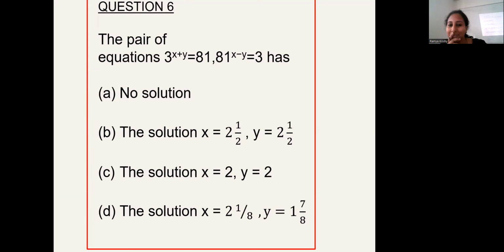Only thing is the options are changed a little bit here. The past sample paper question was asking about the number of solutions. For these two sets of equations, how many solutions? Those were the options given. But here they're asking you to actually find out whether there's a solution and solve.